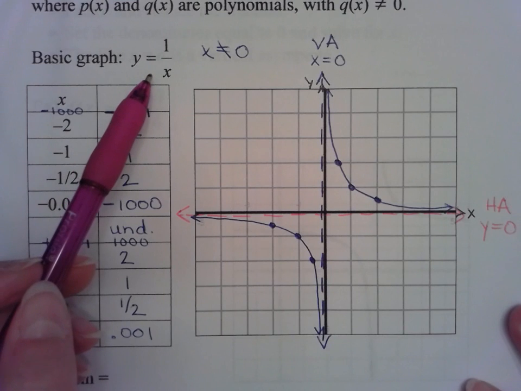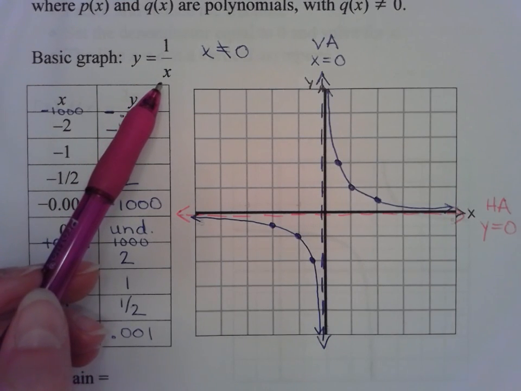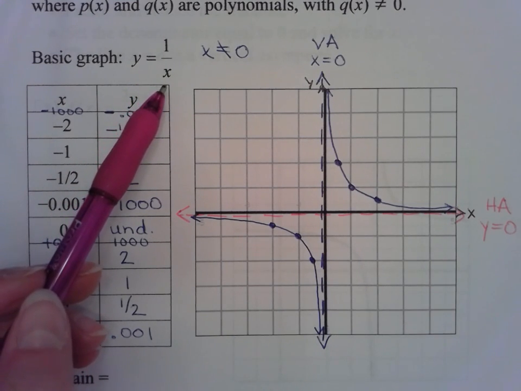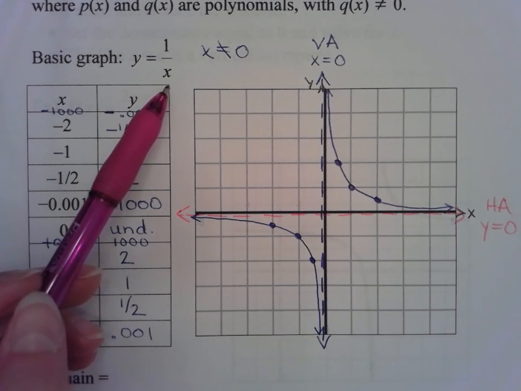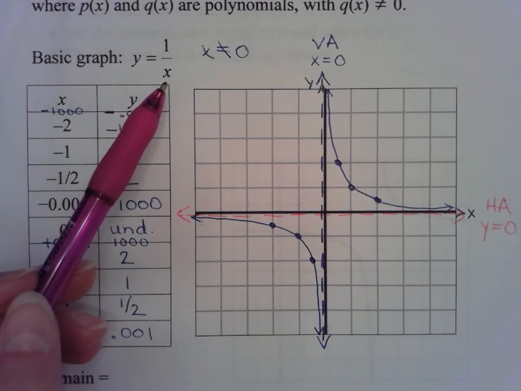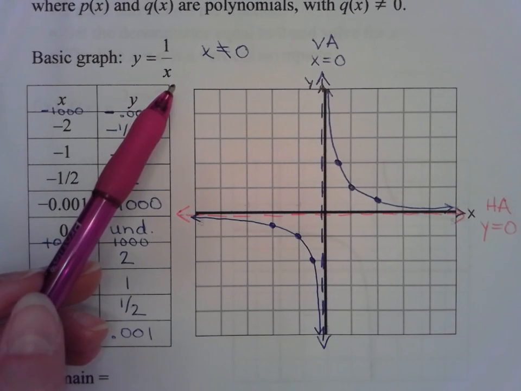If we think really hard about what numbers I can get out as a y value when I'm calculating with 1/x, even if I put in a really, really giant number like a million or, I don't know, a trillion or something, 1 divided by that really giant number is still going to be a really tiny infinitesimal decimal.